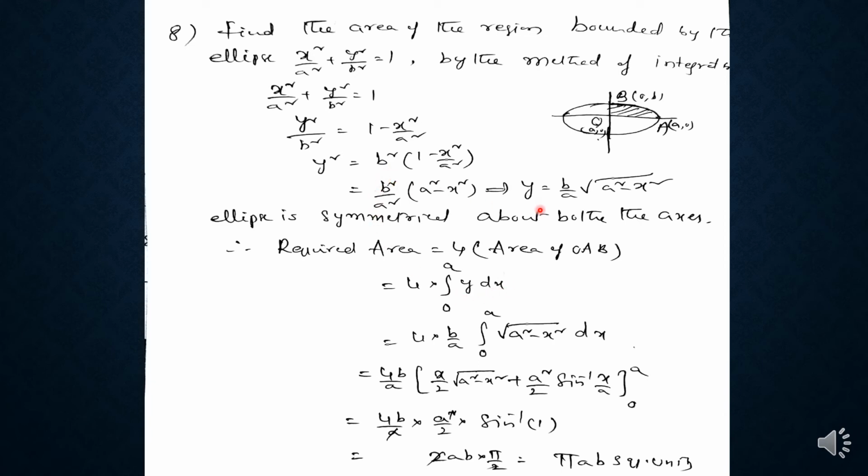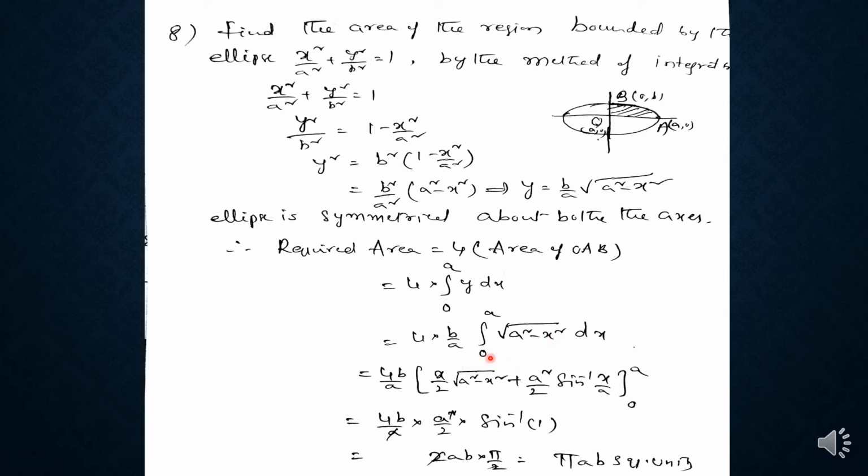So what is y here? y is equal to b by a into root of a square minus x square. So that is 4 into b by a into integral 0 to a, because b by a is a constant, we can write it outside the integral, 4 into b by a into integral 0 to a root of a square minus x square dx.